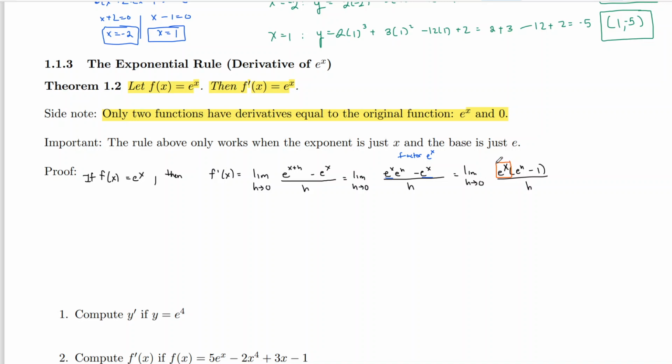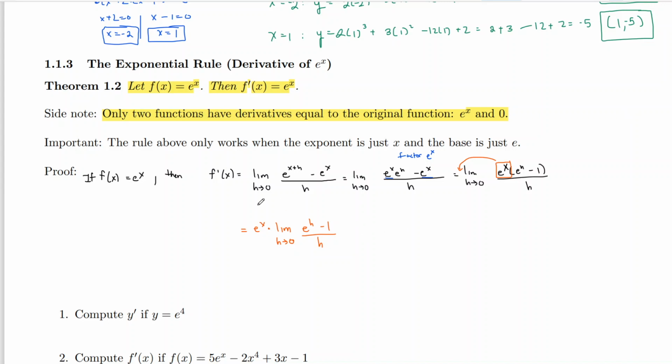We are actually allowed to use that limit rule that says you can move numbers out front. Why can we do that? Because this doesn't have an h in it. We're actually allowed to move this out front. And we get e to the x times the limit as h goes to 0 of e to the h minus 1 over h. And now this limit's actually really hard to do at this point. We'll eventually see an easier way to do it.